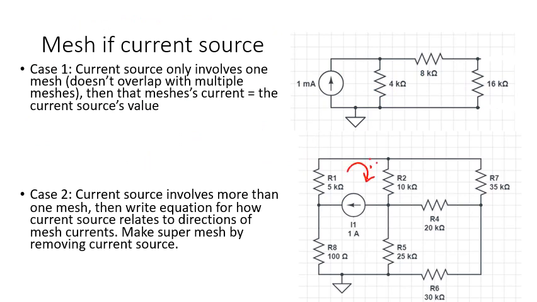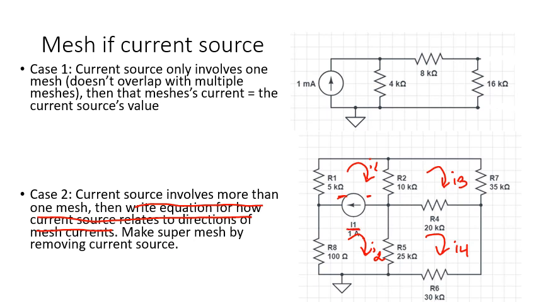So if I make this I1, then here's mesh I2, then here's mesh I3, then here's mesh I4. This current source overlaps with I1 and I2. So I have to look at how it relates to both of those mesh currents, I1 and I2. I first have to write an equation for how the current source relates to the directions of these mesh currents.